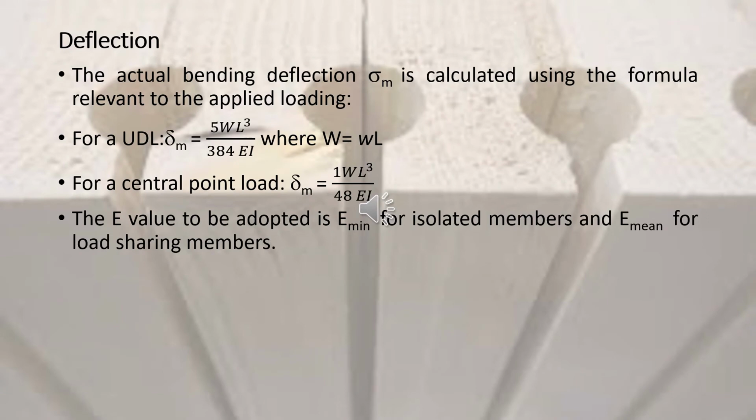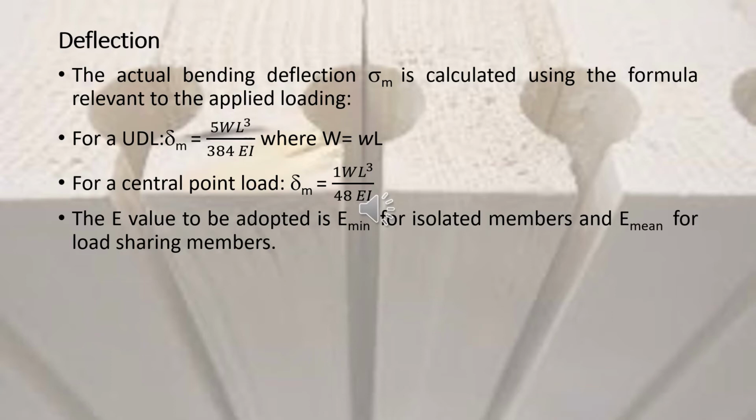Now, the actual bending deflection is calculated using the following formulae, depending on whether you're dealing with a uniformly distributed load or a point load. Now, for a uniformly distributed load, the deflection is determined using the formula 5WL cubed over 384EI.